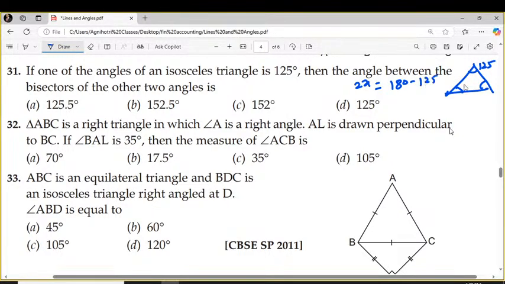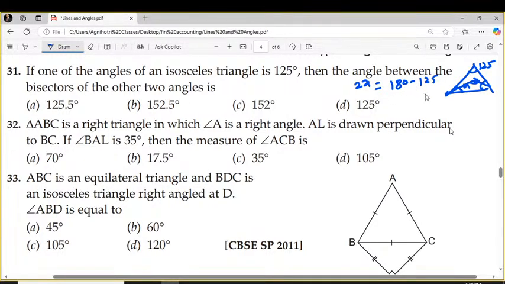You can assume them to be x, so 2x is 55, in decimal obviously. Then the angle between the bisectors of the other two angles, but they want you to tell me this angle.